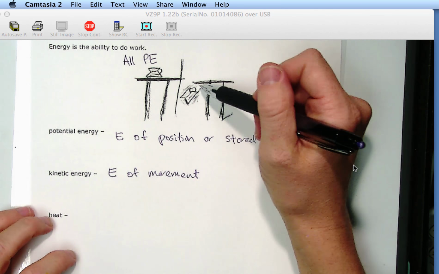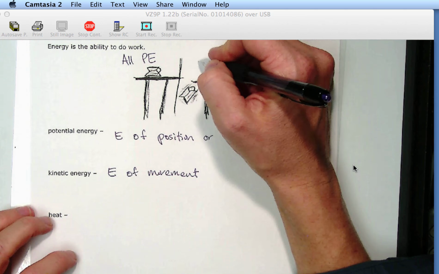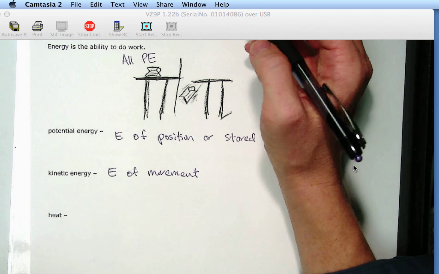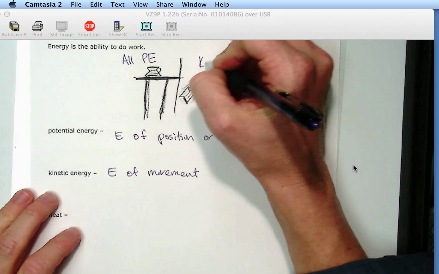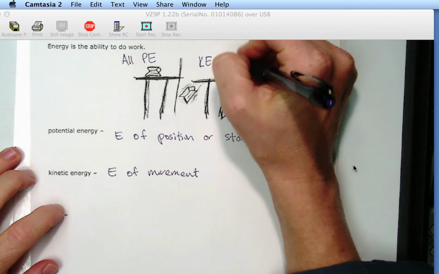And on the right, the way this is shown, it's moving, so there's kinetic energy, and there still is potential energy because it's still above the floor. So kinetic energy and potential energy.